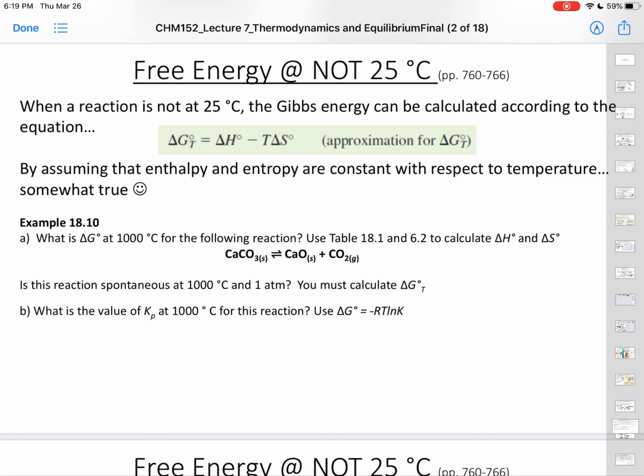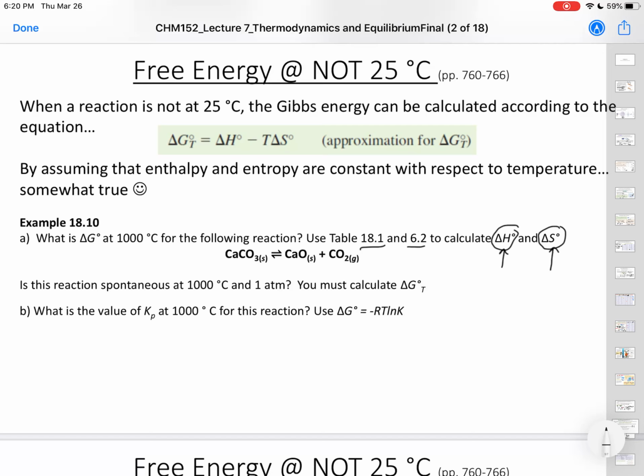What is delta G at 1,000 degrees Celsius for the following reaction? They say to use tables 18.1 and 6.2 to calculate the enthalpy and entropy. And then they ask, is this reaction spontaneous at 1,000 degrees?